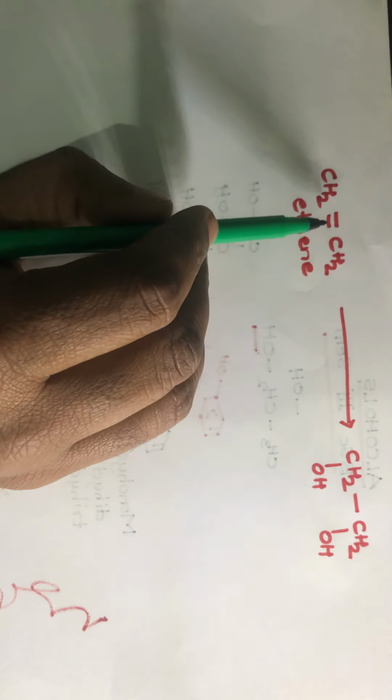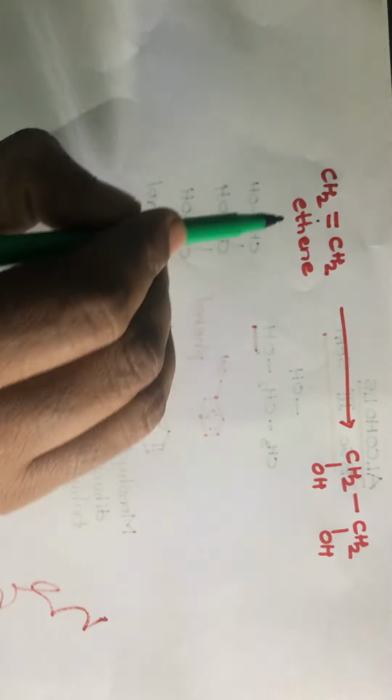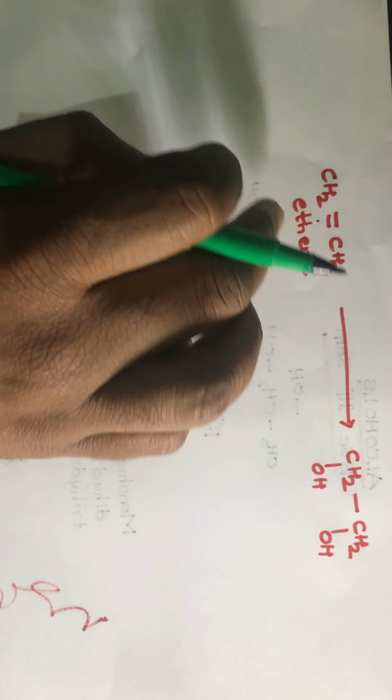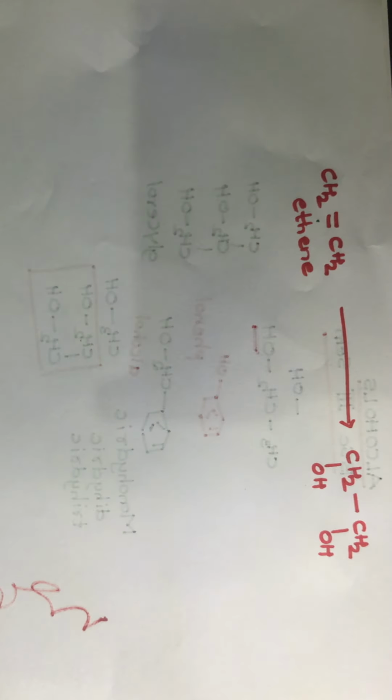Ethene contains a double bond and ethylene glycol contains a single bond, so you need to convert the double bond into a single bond. To convert a double bond into a single bond, we always carry out addition across the double bond.